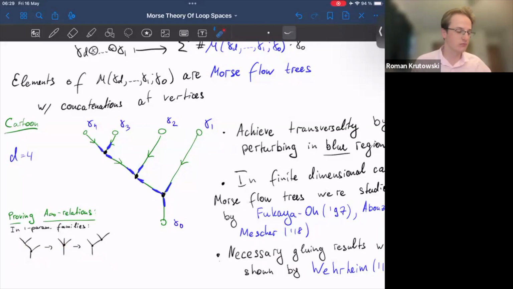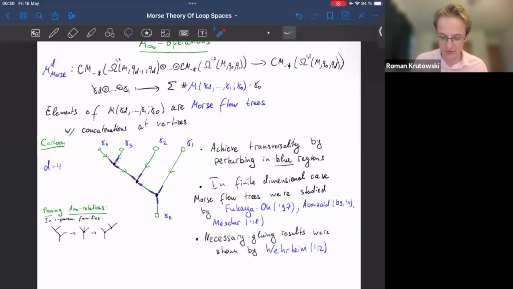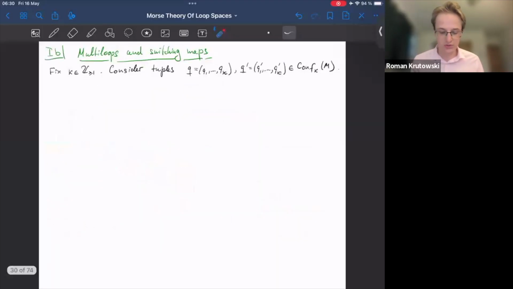But this is the only interesting phenomenon besides tree breaking that you expect to see in showing that the infinity relations actually are satisfied. Okay, so this is how the story goes for just standard Morse theory.